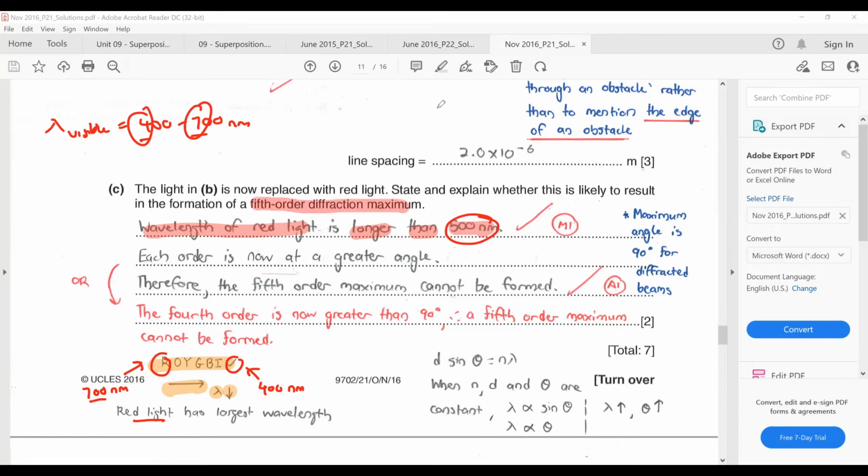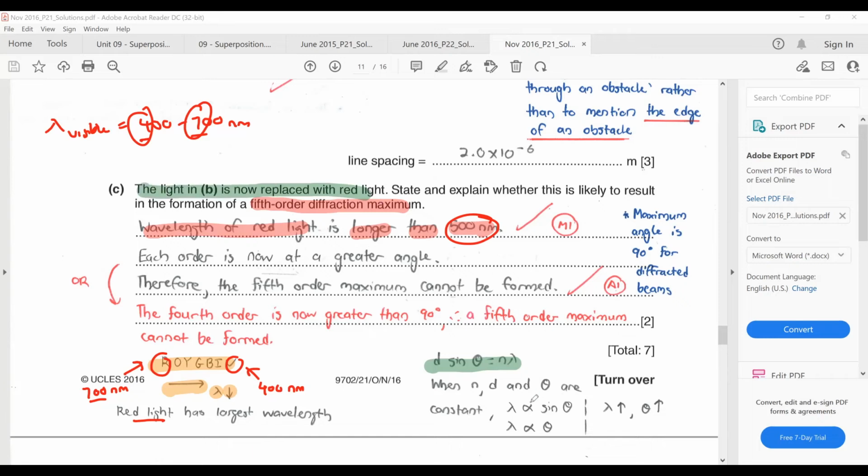Okay, you can see this by looking at what happens to the angle. If you look at your diffraction grating equation, d sine theta equals n lambda, the only thing you've changed is the light.